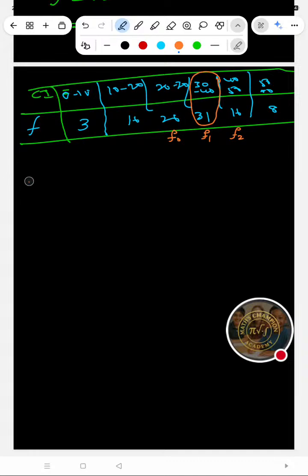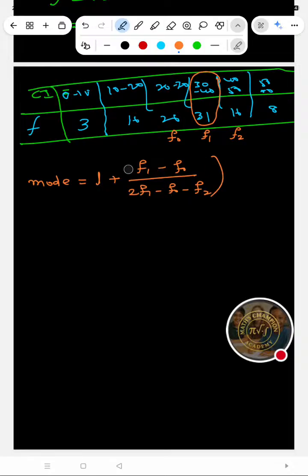So first write the mode formula. Mode is equal to L plus F1 minus F0 by 2F1 minus F0 minus F2, multiplied by h. h is nothing but the height of the class.